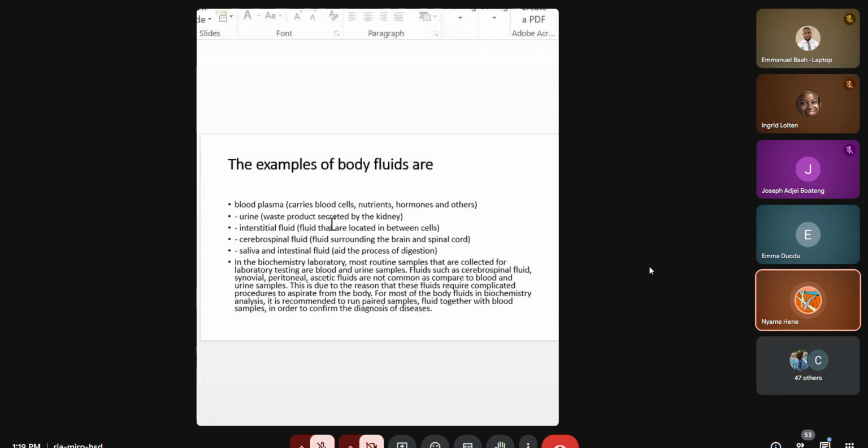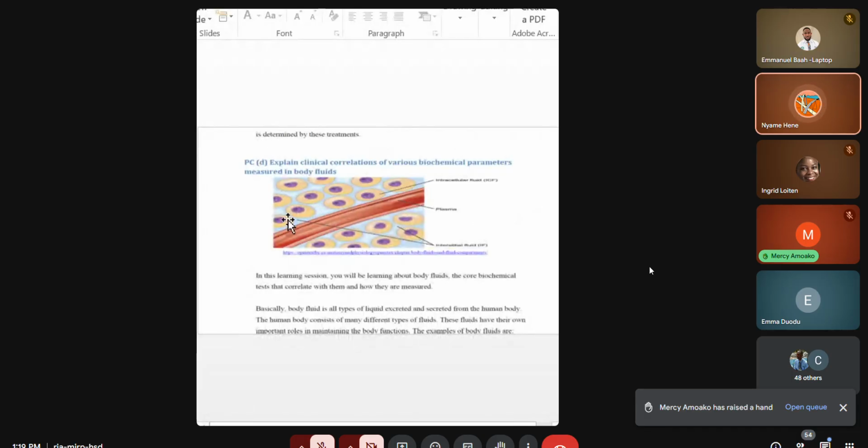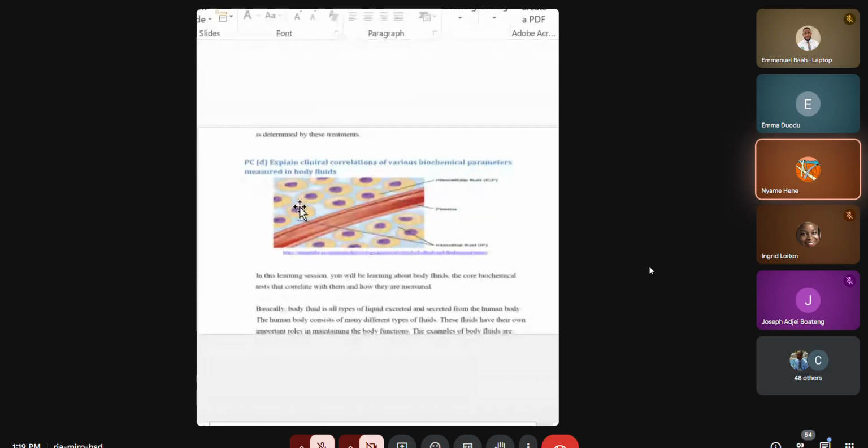Urine is waste products secreted from the kidneys. Interstitial fluid is located in between the cells. You see two cells, and the blue part is the interstitial fluid.